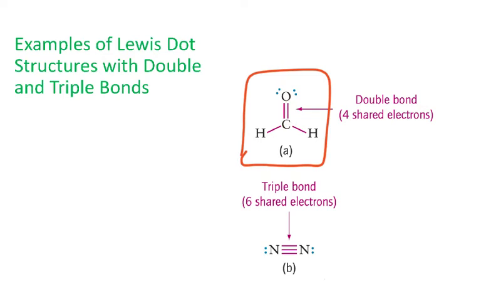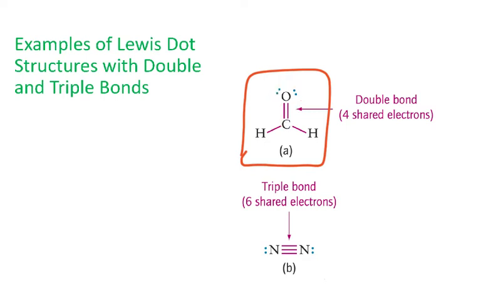This is a formaldehyde covalent compound, and the only way that the correct number of electrons can be around each atom is if oxygen and carbon are sharing 4 electrons. Now notice carbon still has 4 bonds, right? And 0 non-bonding. And oxygen has 2 bonds and 2 pairs of non-bonding. So just as we would expect, but it's just put together differently.